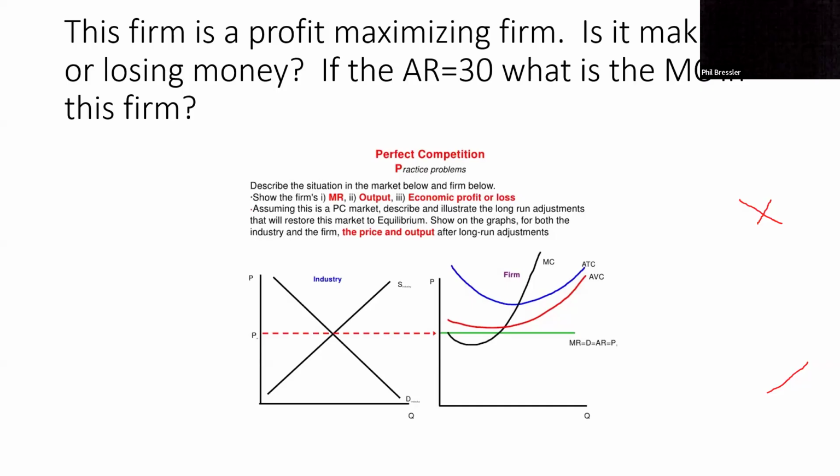All right, let's answer the first thing, making or losing money. Okay, I've got all losing. ATC is above the price. We're losing money. Okay, if the AR is 30, what is the MC? Come on, if the AR is 30, what is the marginal cost?